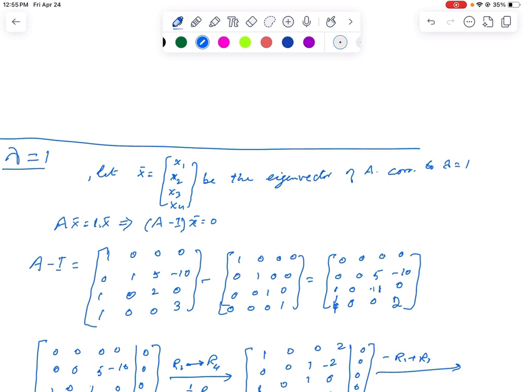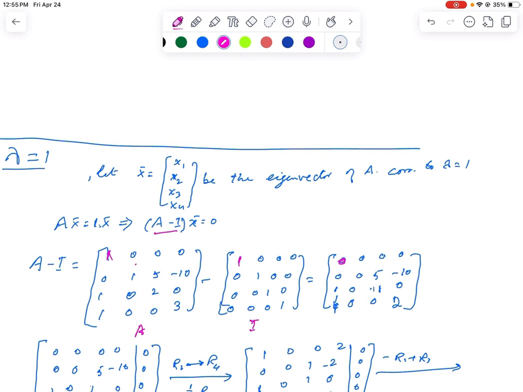So now we try to find A minus I. We put A and I together and subtract. 1 minus 1 gives 0, and the next three entries are 0, 0, 0.